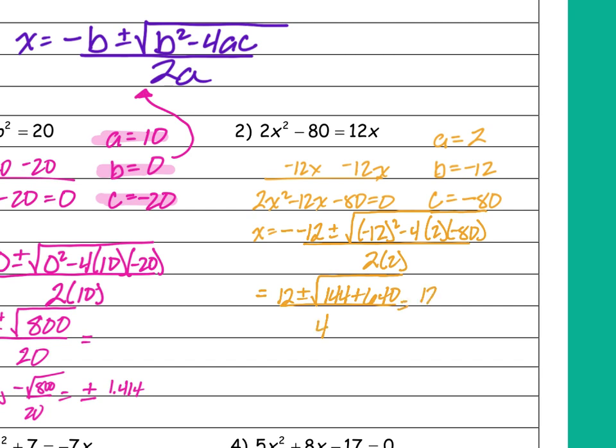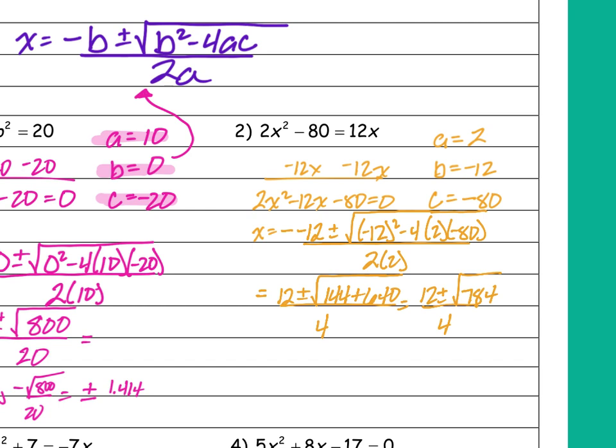So I've got 12 plus or minus the square root of 640 plus 144, 784. Is that right? Did I do that in my head right? Yes, 784. Woohoo!